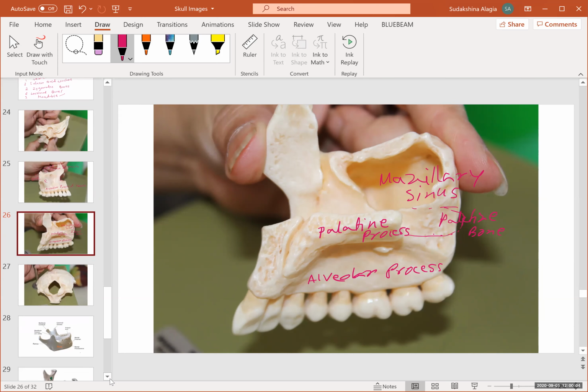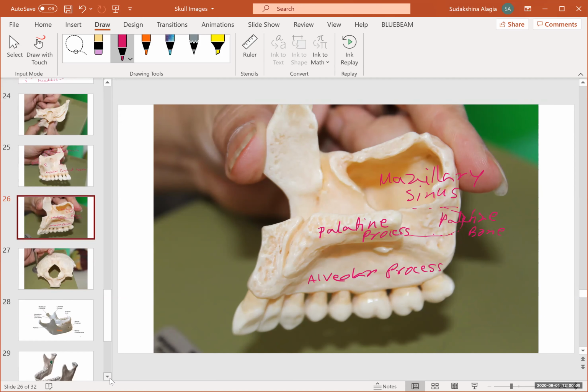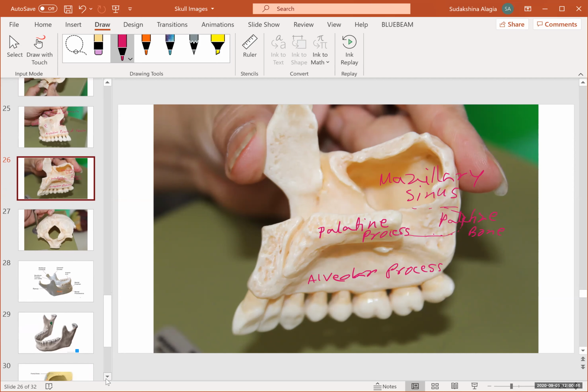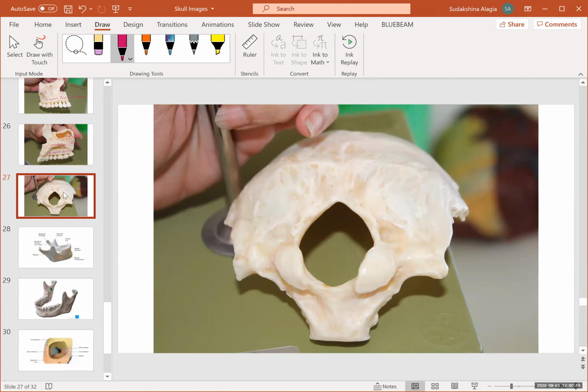Did we get this? This is just to show you the occipital condyle. See that? Occipital bone with the occipital condyle and foramen magnum. Or condyles.